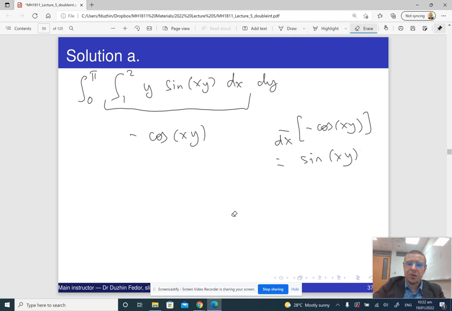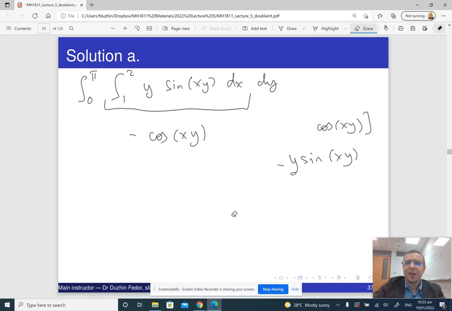Well, strictly speaking, I should talk about partial derivatives, because there are two variables. And times the derivative of whatever is inside with respect to x, which is y. So notice that what I got here is exactly my integrand, which means that's already my antiderivative, and I don't need to multiply by anything else.